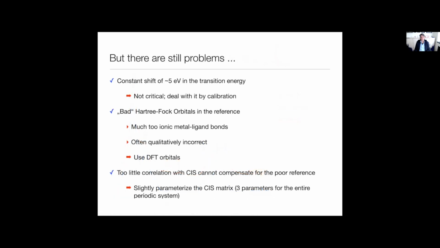That's why we came up with the so-called DFT/ROCIS that introduces very few global, in terms of the periodic system, empirical parameters that we use to scale these matrix elements, and that basically is, in a very average way, taking care of the dynamic correlation.